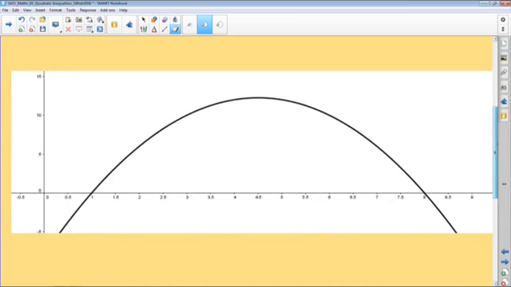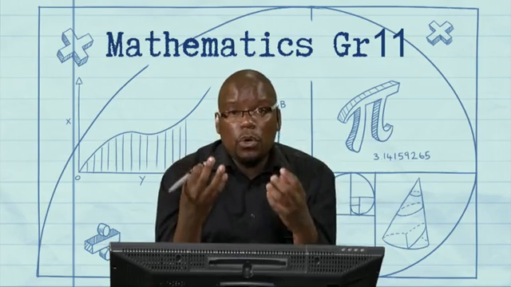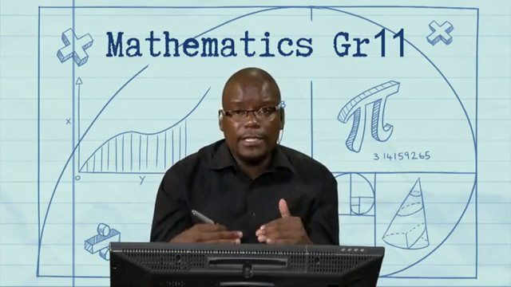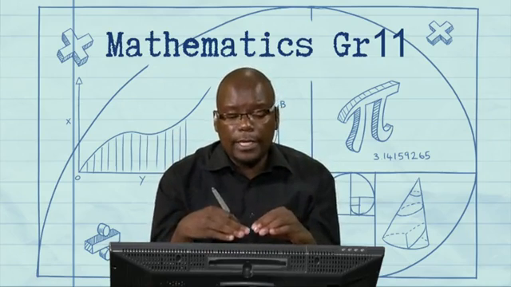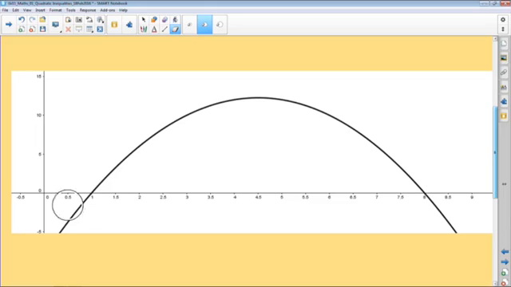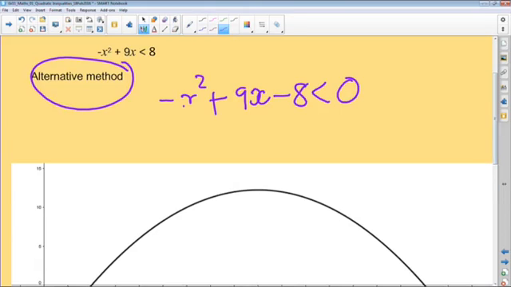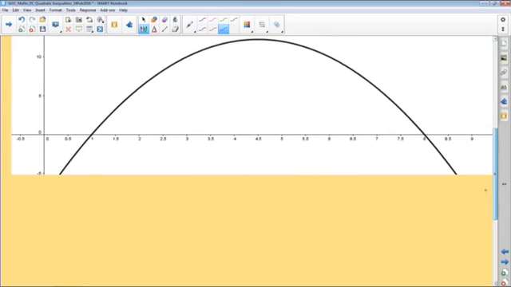Where is it less than 0, all right? Where is this function less than 0? In your head, it has to always say, okay, with less than 0, it's always below the x-axis. So it's all the way here, okay? This side, right? And then also that other side.